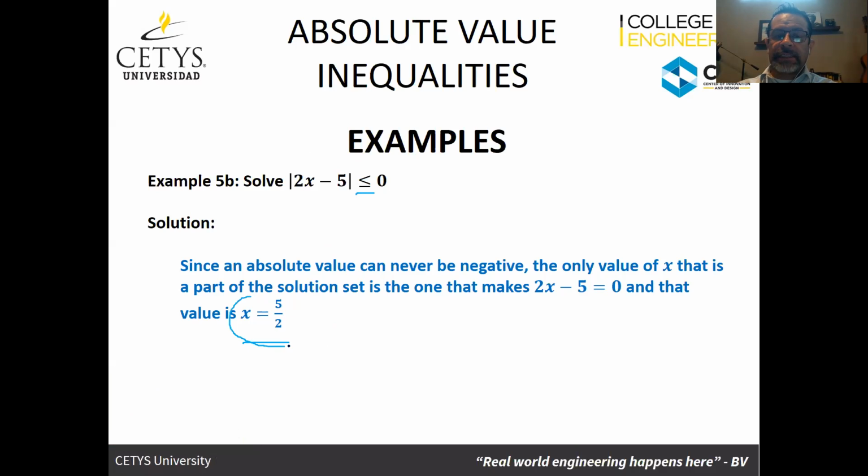It's only x equals 5 divided by 2, and that's because the expression is less than or equal. If the expression had been just less than, then there would have been no solution because there's no value that complies with the expression that we are given. Okay.